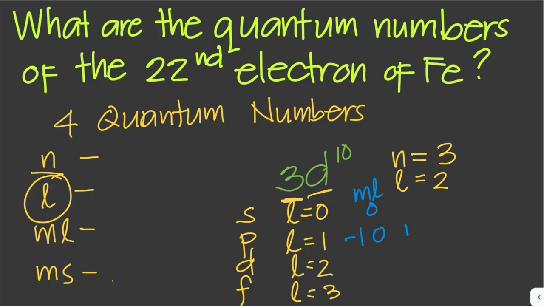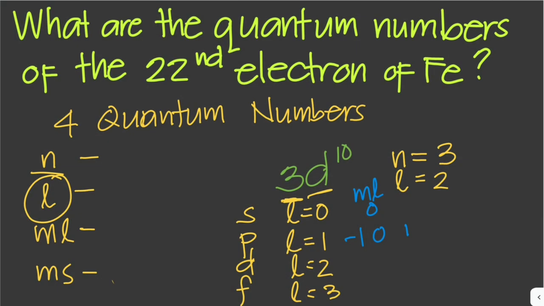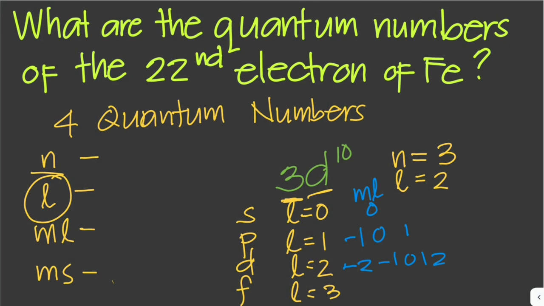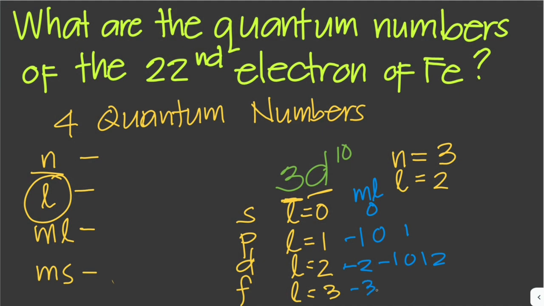And for D orbital with L equals 2, the ML could be -2, -1, 0, 1, 2, because this has 5 orbitals. And for F, with L equals 3, ML could be -3, -2, -1, 0, 1, 2, 3, because this has 7 orbitals.